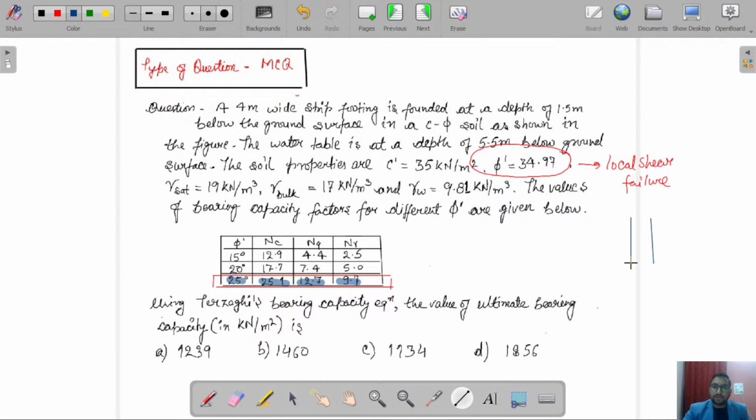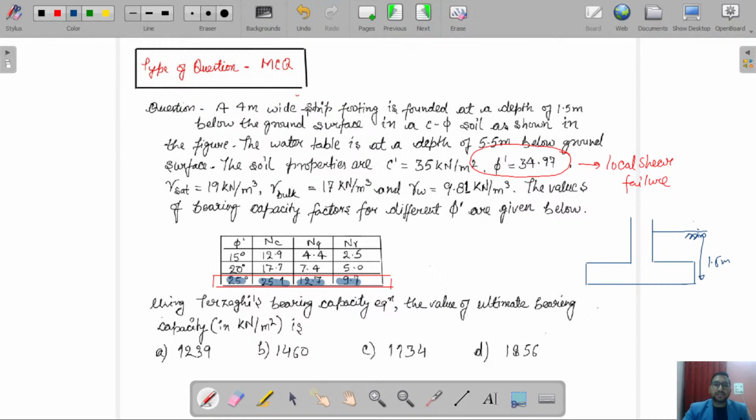So here it is our foundation. Depth of foundation is given as 1.5 meter. This is our ground level.